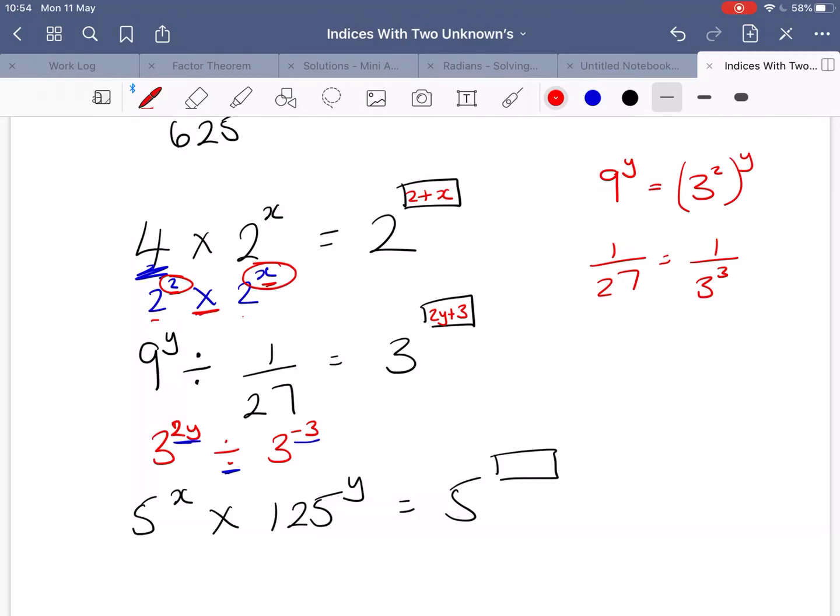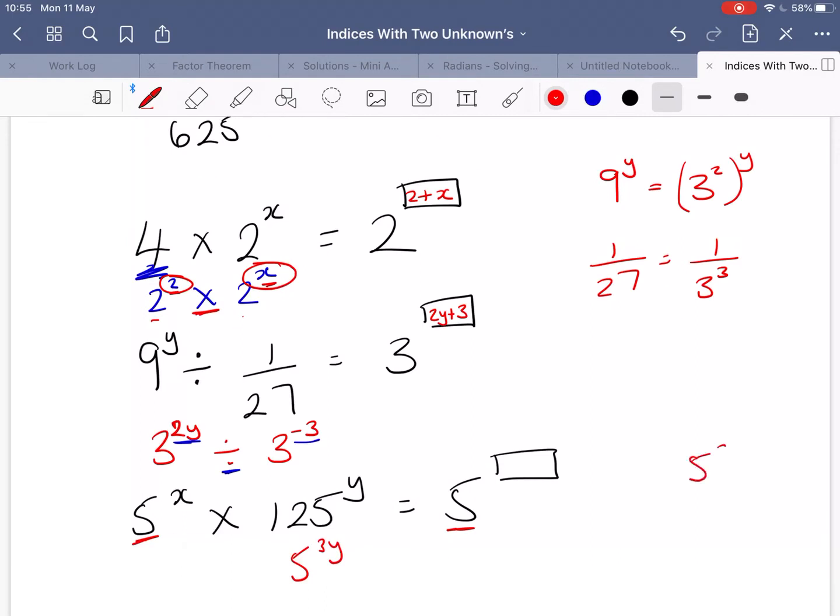And then let's look at this last one. Well, I've got 5 to the power x already in 5 to the power of, so that's okay. I just need to think about this 125. Well, 125 is 5 cubed. So I've got 5 cubed to the power of y. So what does that become? Well, that becomes 5 to the power of 3y.